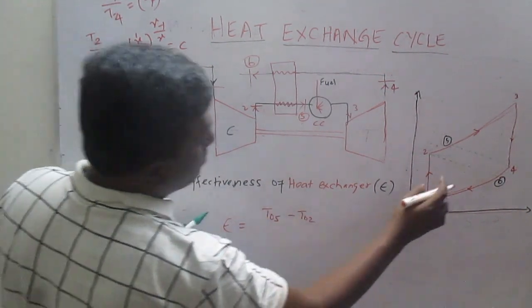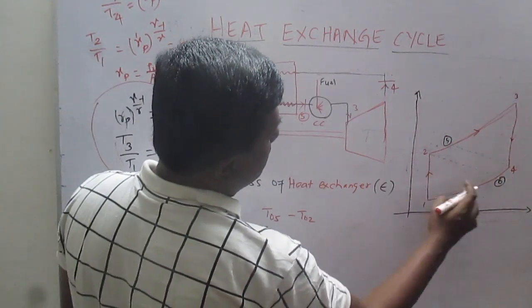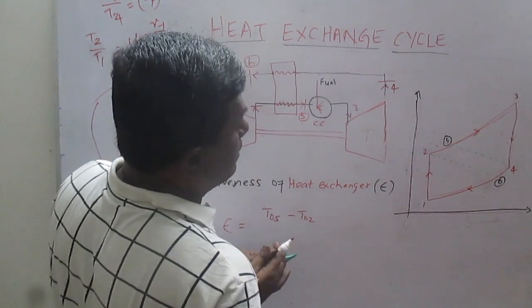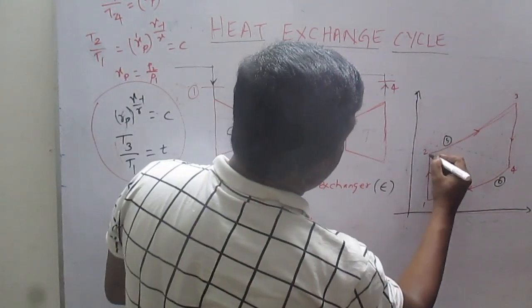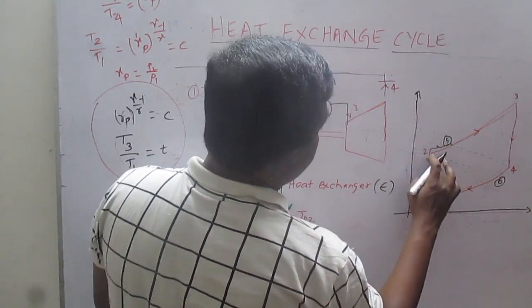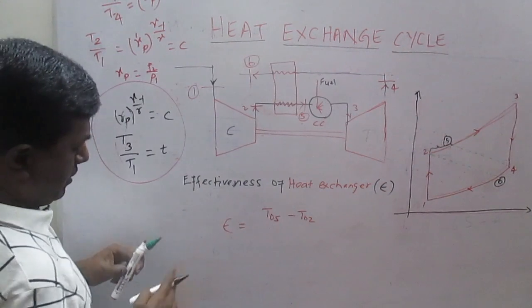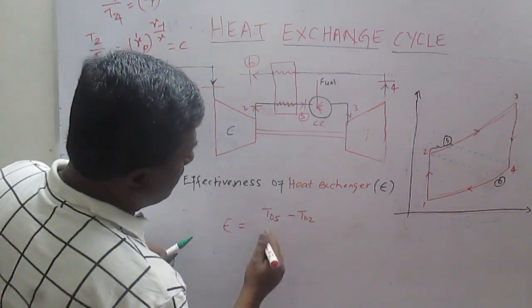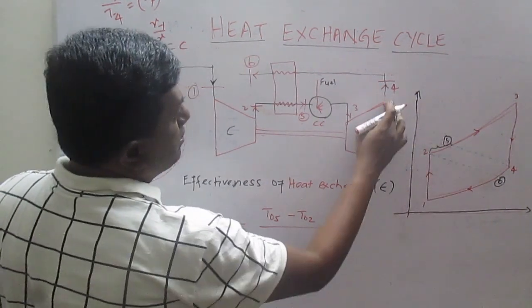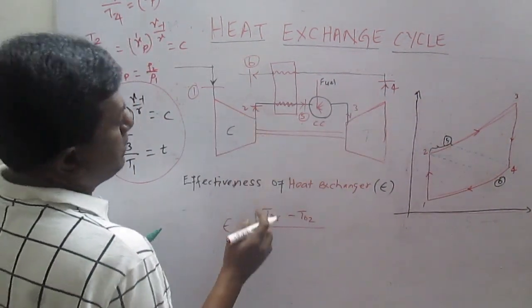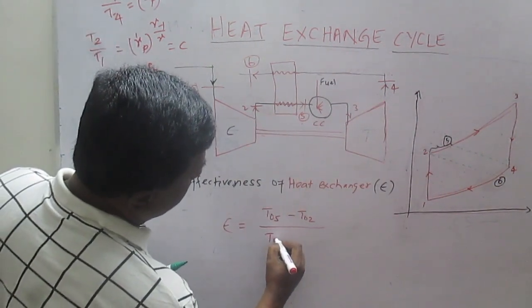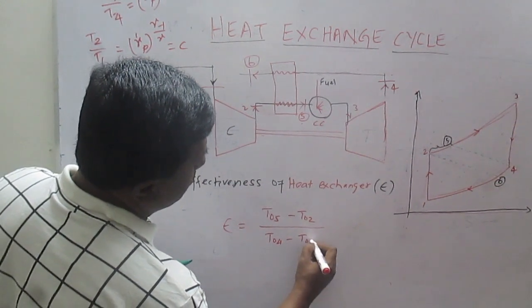So this is the temperature difference, because initially our compressed air has T2, and now the compressed air has T5. Then divided by the maximum temperature difference available, that is T04 minus T02.